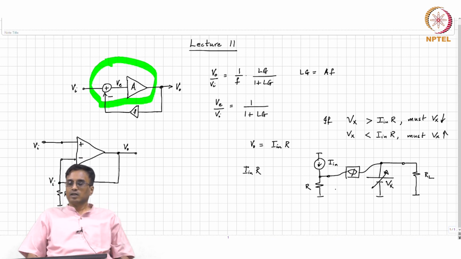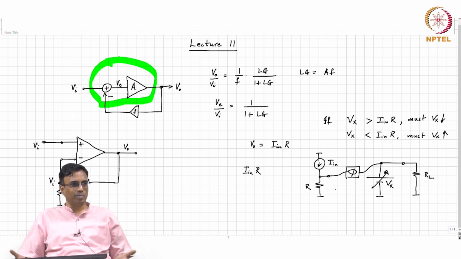So we are comparing two voltages, and what is the meaning of compare? We are comparing Vx and I in times R. So the meaning of compare is find the difference, right? And what physical principle will you use to find the difference between two voltages?